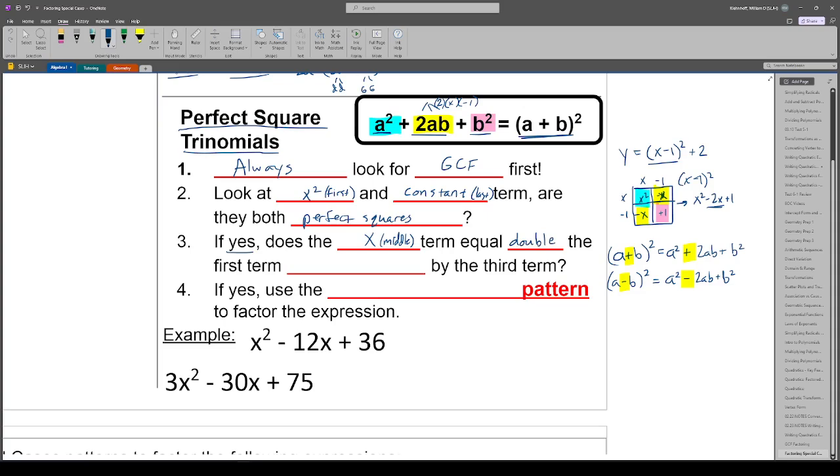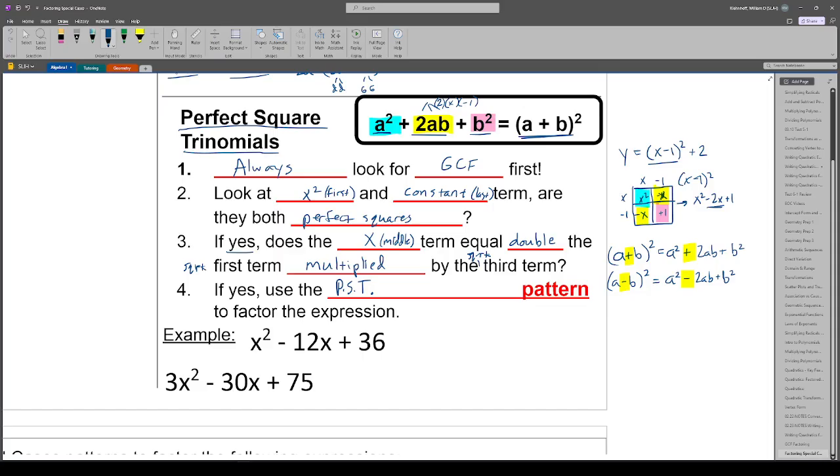Does it equal double the square root of the first term multiplied by the square root of the third term? If yes, use the perfect square trinomial pattern to factor the expression.